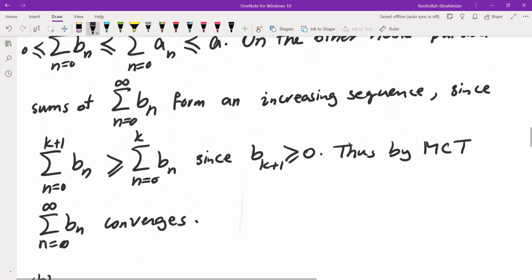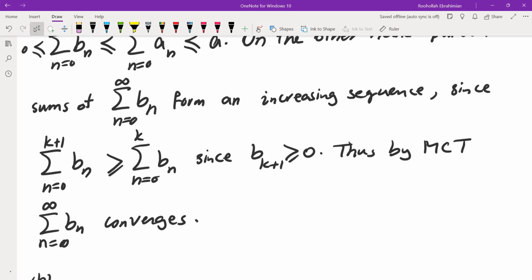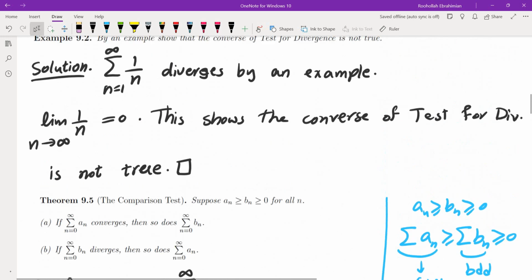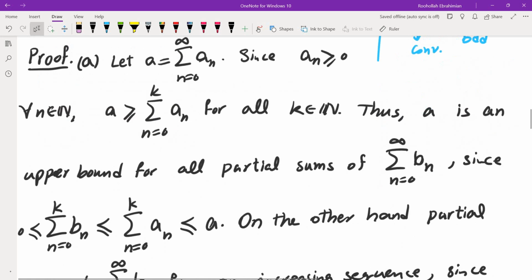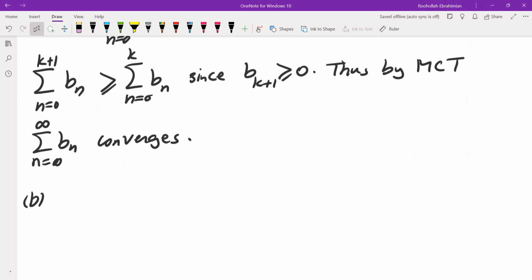Okay, so that's the first part of this theorem. The second part tells us if the smaller one diverges, then so does the sum of a_n. So we use a similar strategy, that bounded and convergent are the same.